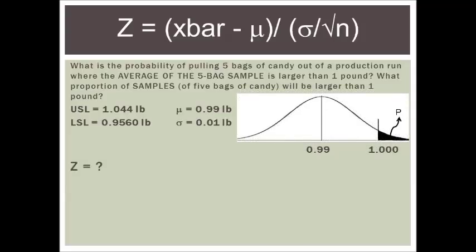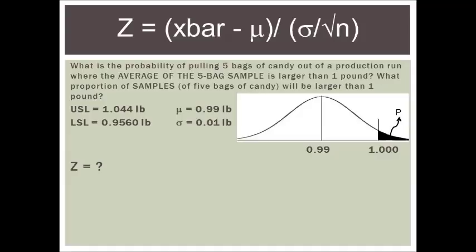Because we are looking to see what proportion of samples will be larger than 1 pound, or what is the probability of pulling out a sample and the average of the sample being larger than 1 pound, we're concerned with that part of the curve that is larger than 1 pound, which I've shaded here.